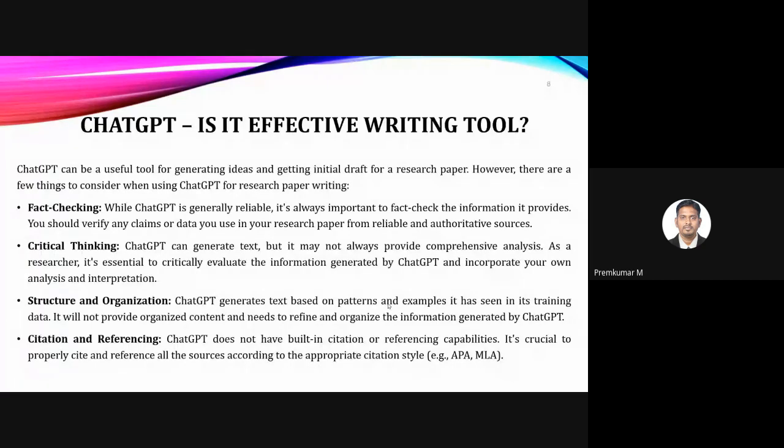Along with the similarity report or similarity index, you can also check the AI score. If your AI score is high, definitely your paper will be rejected. So that possibility is also there. You have to be very careful when you use these kinds of tools.